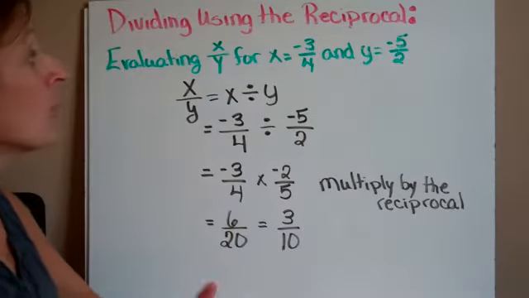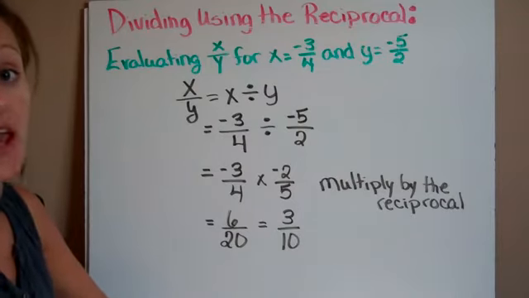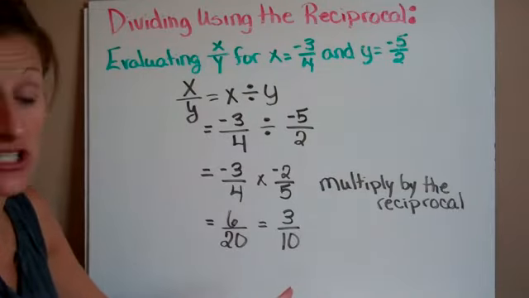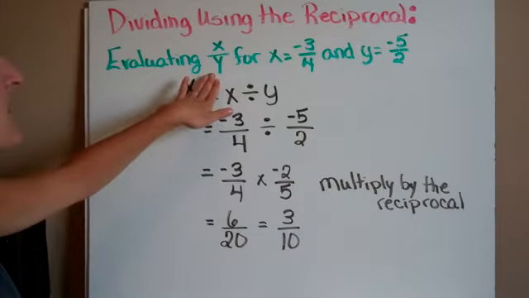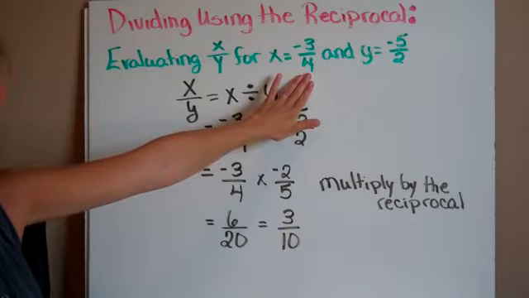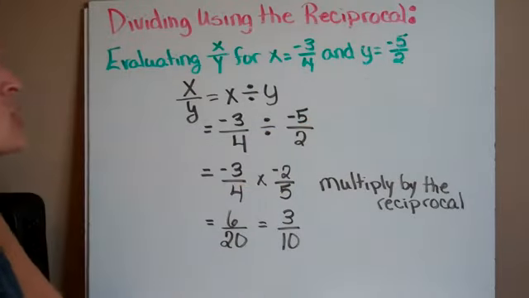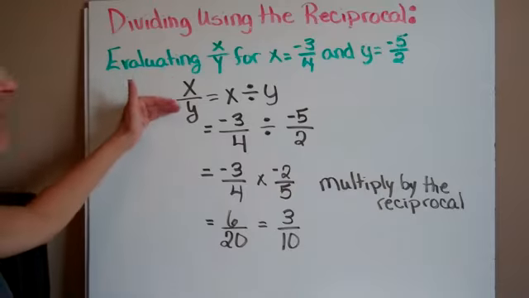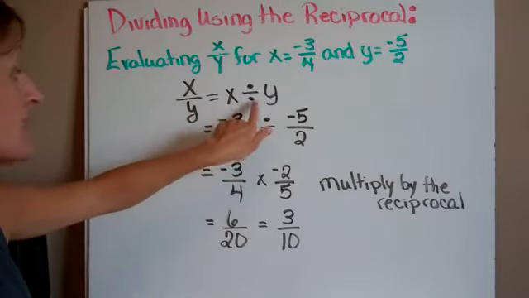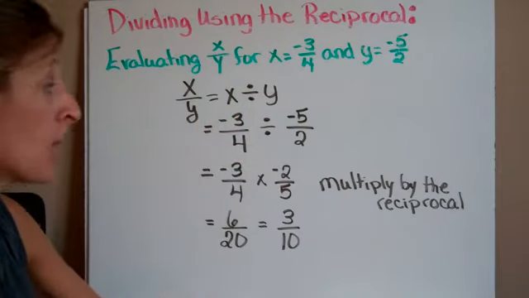When we are dividing, using the reciprocal that we just learned is just like dividing fractions. So if I want to evaluate x divided by y, I'm going to say x is -3/4 and y is -5/2. X over y is the same thing as x divided by y, two ways to write the same problem.